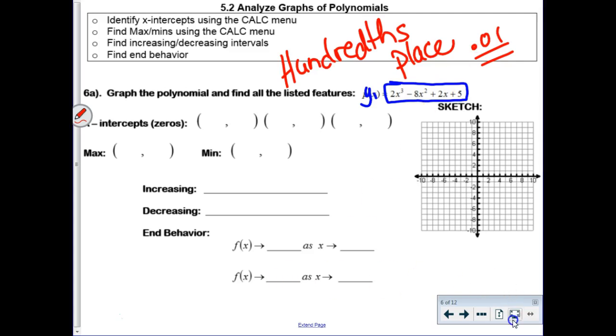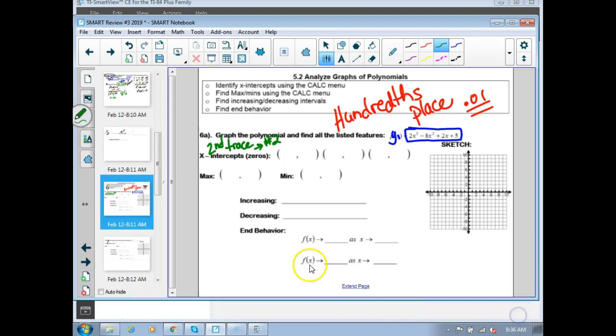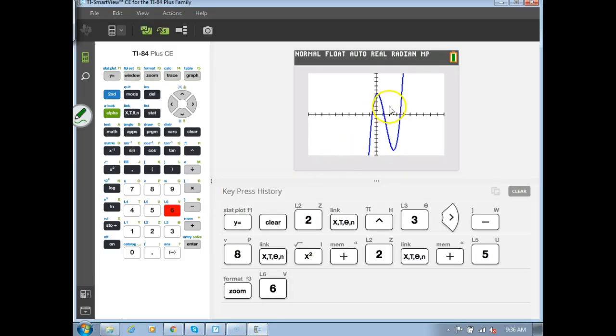Alright, so let's go find our x-intercepts, our zeros, and you have to remind yourself how you find these on your calculator. You're going to go to the calc menu, which is second trace, and then you're going to choose number 2, the zero finder. So on my calculator, I notice there's 3 zeros.